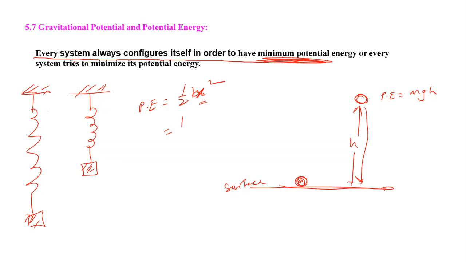So the formula is half k x square. As we release this, what happens? This object is pulled towards its original position again. Again the system tries to minimize the potential energy. Every system always tries to configure itself to have a minimum potential energy.